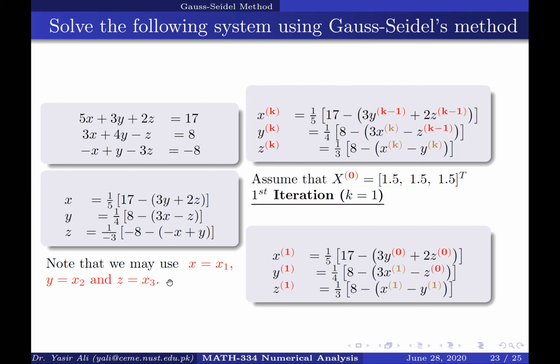On the other hand, I solve the problem with the help of Gauss-Seidel method. Here you can see that I am using x, y, z for the components of the solution. I can write this equation from the system, and initially when I try to find the first iteration, I use the value given, and I can calculate the value of x1, which is 1.9.